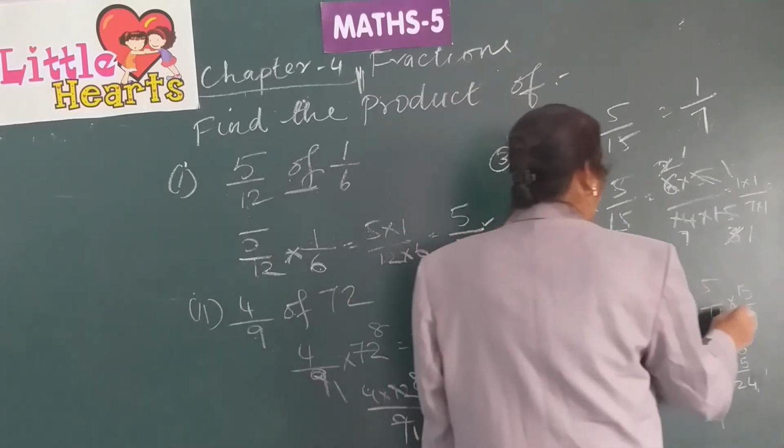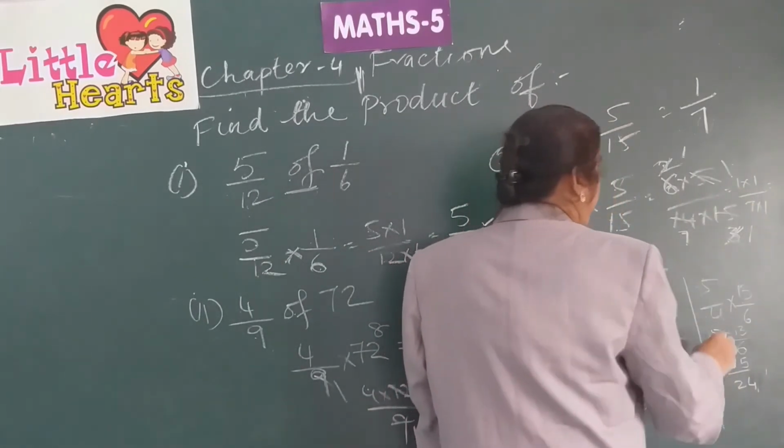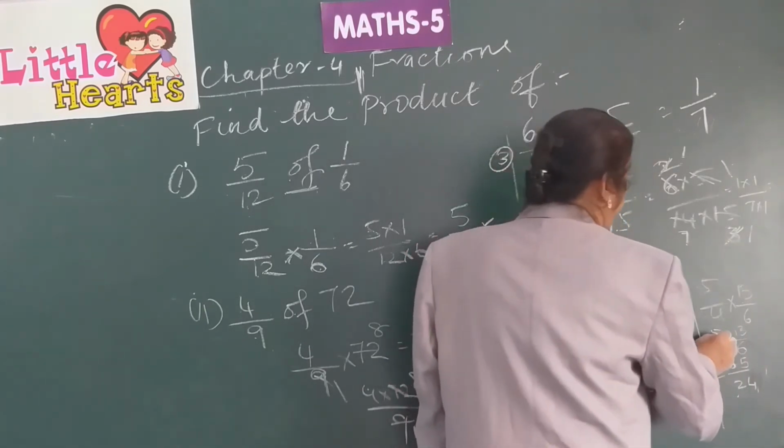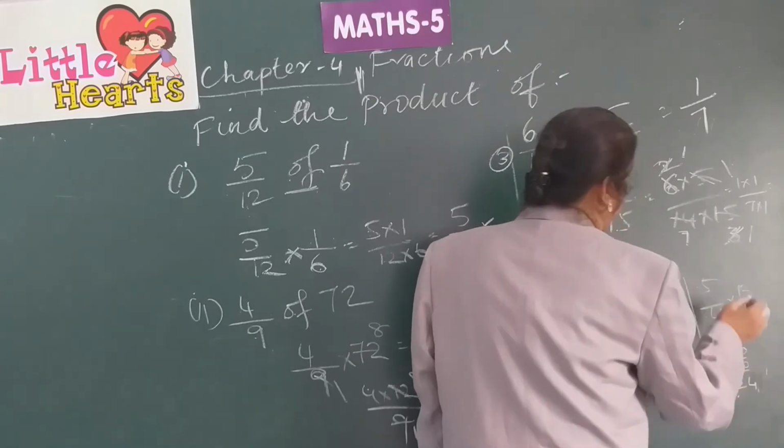Now 5 by 4 into 13 by 6. 5 into 13 by 4 into 6, that is 65 by 24. 13 fives are 65, 4 sixes are 24.